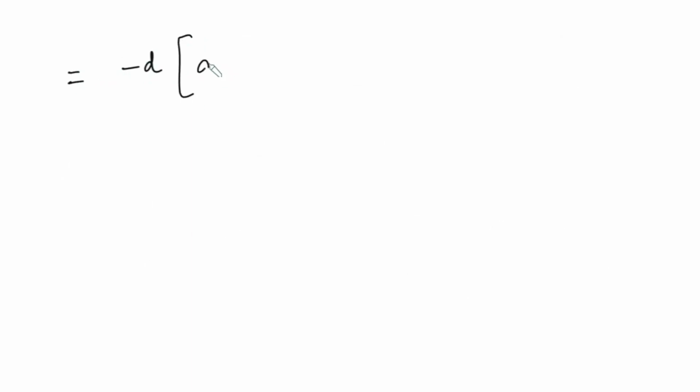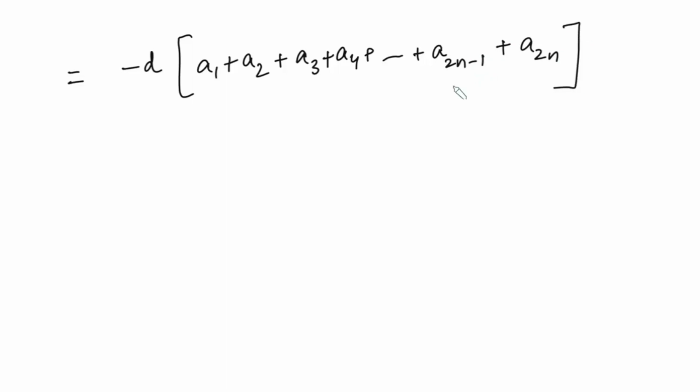and what are we left with? We're left with a1 plus a2 plus a3 plus a4, and so on up to a2n minus 1 plus a2n. This is nothing but the sum of an AP from a1 to a2n. So there are 2n terms in this sequence. So we have negative d.